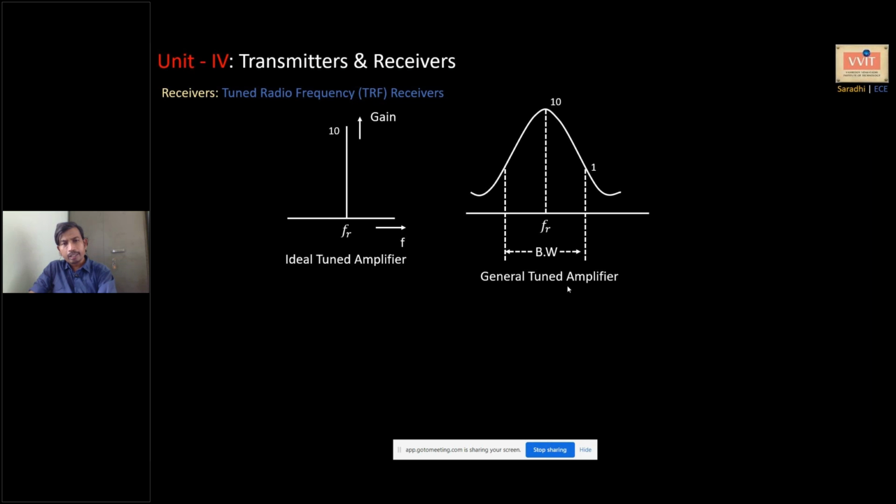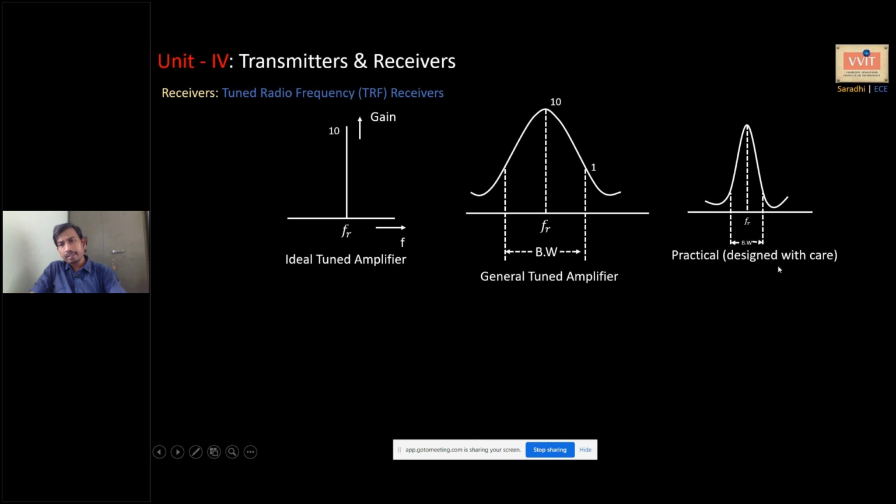But what do we require? We require ideally like this. So we need to narrow this bandwidth, right? So in practice, by careful designing, we can achieve a frequency domain characteristic of the tuned amplifier something like this, which is narrower than this.